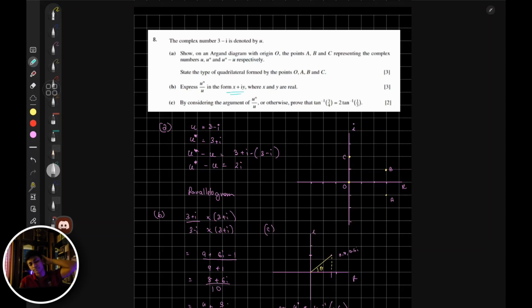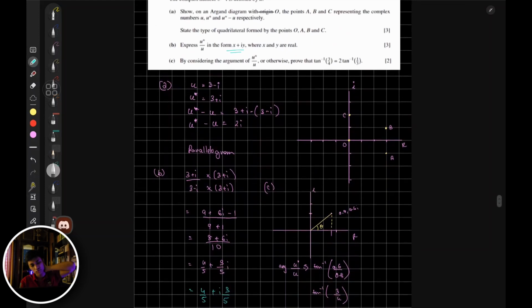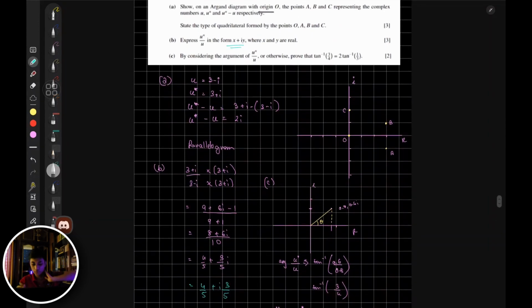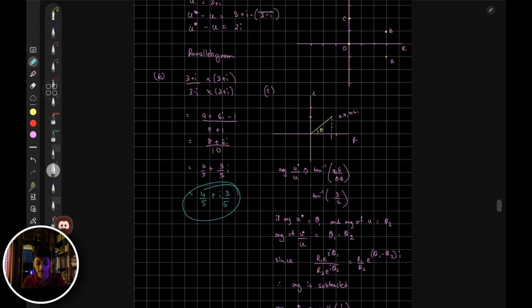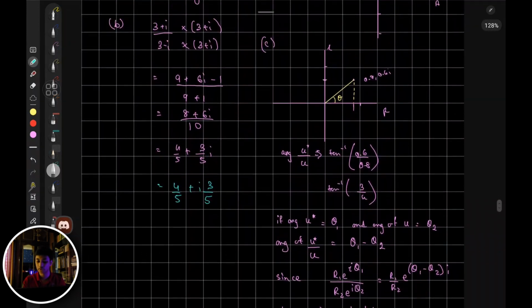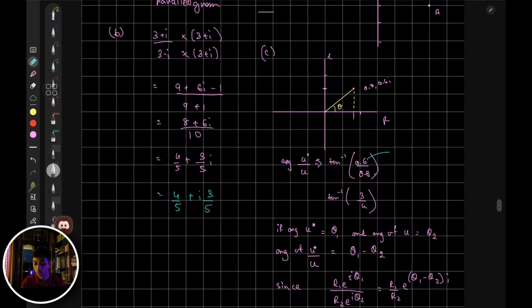For u conjugate by u, if you want to figure out the argument, you know u conjugate by u gives you the complex number 4 by 5 plus 3 by 5 i, which is 0.8 plus 0.6i. Then you can write tan inverse of 0.6 by 0.8, opposite by adjacent, and you're going to get tan inverse of 3/4.